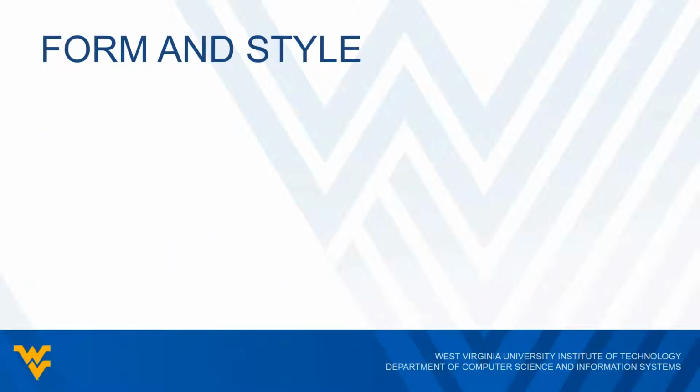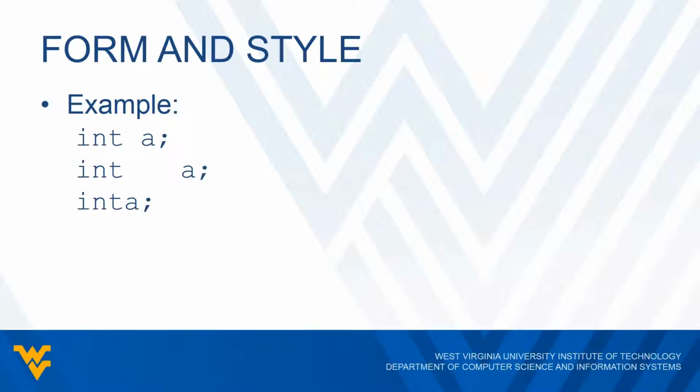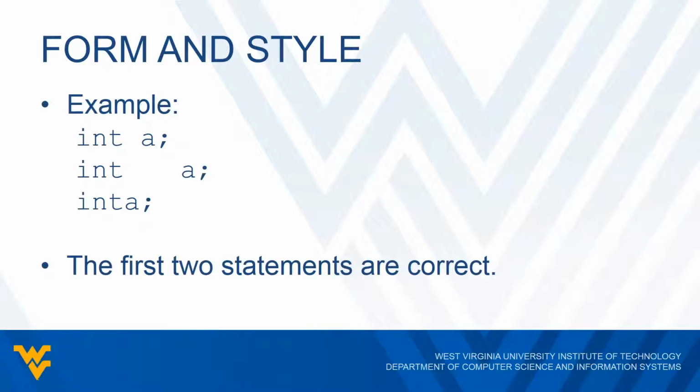Let's take a look at another example. So let's say I have the following 3 lines of code. Which one would be the best approach? So think about that for a second. Well, the first 2 statements are technically correct. The second line, syntactically there isn't any issue. It may be a little bit more difficult to read, so the first line is probably better than the second one, but they are both correct.